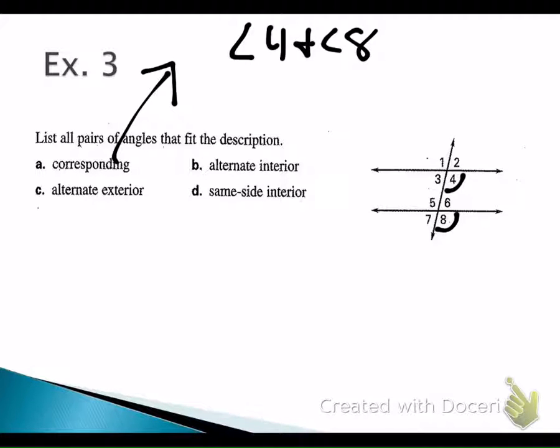Anyone else know any of them? Same position. 7 goes with what? 3. You need 2 of them to make a pair. Very good. All right, 2 more. 1 and 5. 2 and 6.